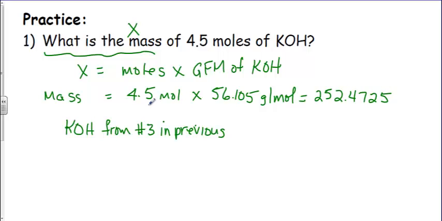Look at our sig figs. We have 2 sig figs here, and here we have 5. So our answer can only be rounded to 2 sig figs. So how are we going to round this to make sure? Well, it's at the tens place, so that's going to be 250, with no decimal. If I put a decimal, it makes it 3 sig figs. So there's 2 sig figs, 250 grams.